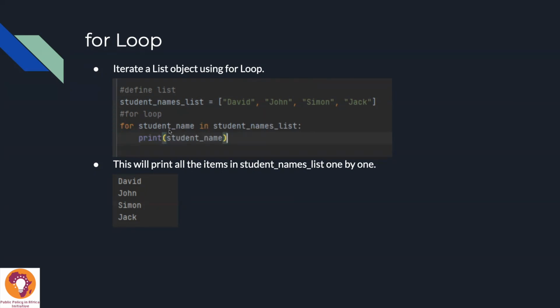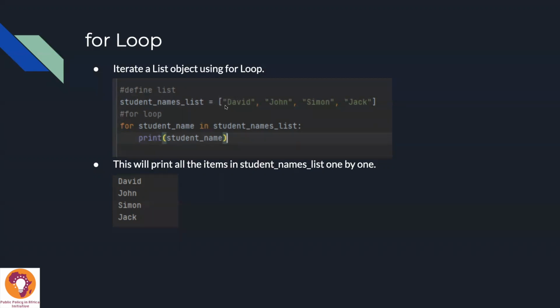So on each iteration of the loop, it's just going to grab one of the values within the list that we're iterating over. So this will print all the items in student names list one by one. So on the first iteration of the loop, we go in and we iterate. We're iterating over the list in the order that it's defined.